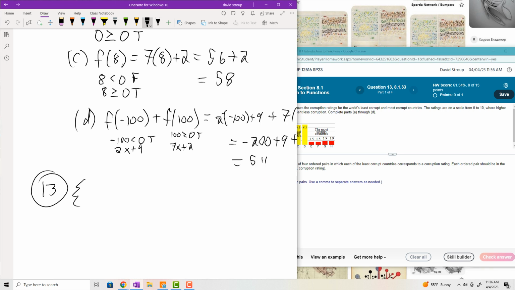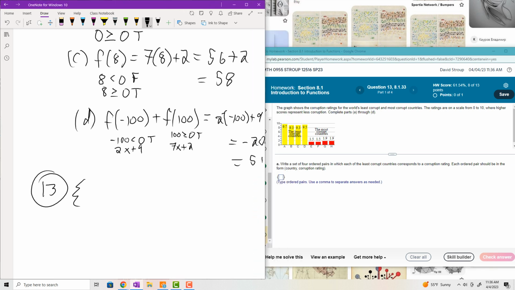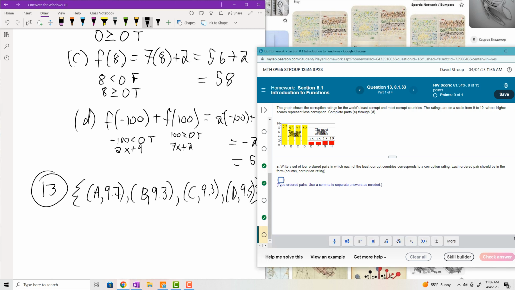So you're just going to write the first yellow bar is country A, so you put that first, and then the rating is 9.7. And then B, comma 9.3. I was reading these numbers off the chart. C, comma 9.3 again, and then D, comma 9.5. So we can type those in real quick.